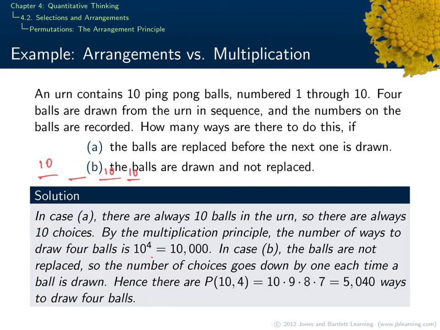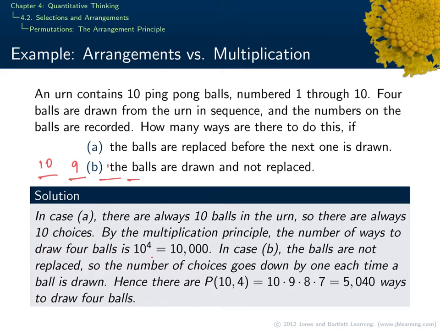However, if we now go to part B, this is more of a selection problem, as we discussed a little bit earlier in this video. So we draw our first ball. There are 10 ways to do that, but that ball is not replaced. And so we now only have 9 balls left in the urn, so we have 9 choices for the second.